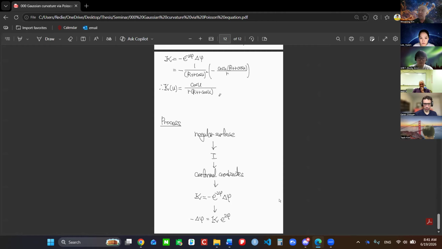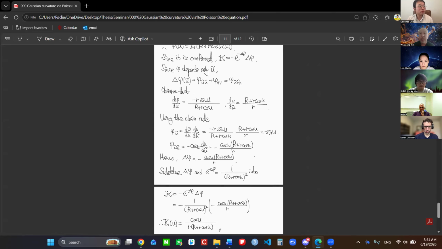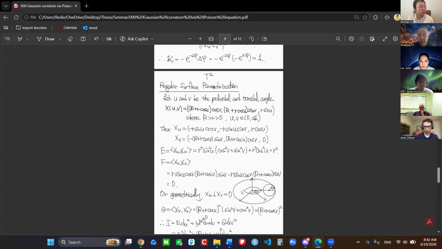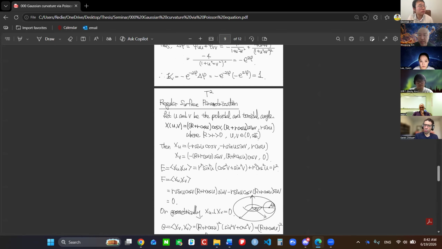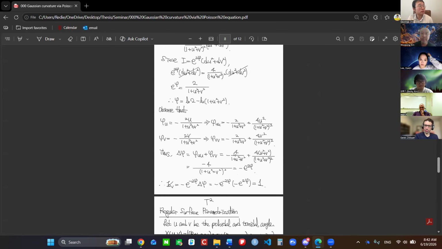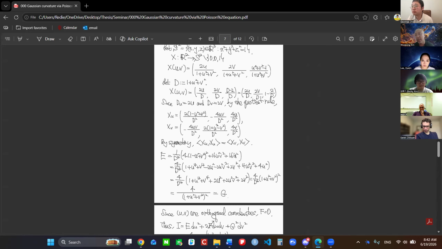Is there another way, or is there an interpretation? And the computation is the key to understand the concept or some theorems or everything.